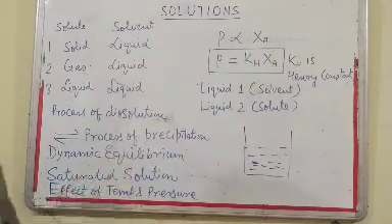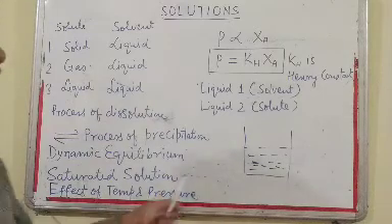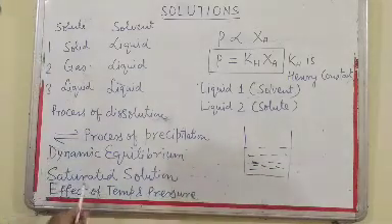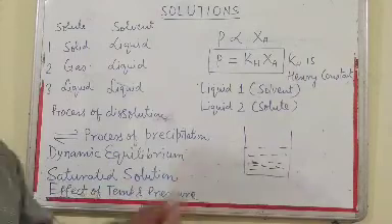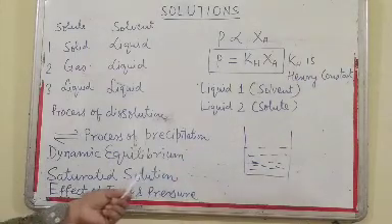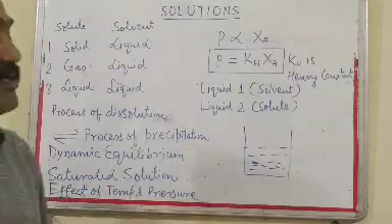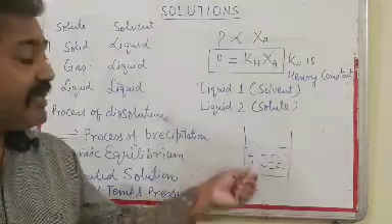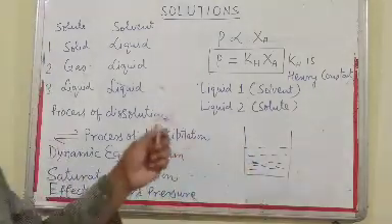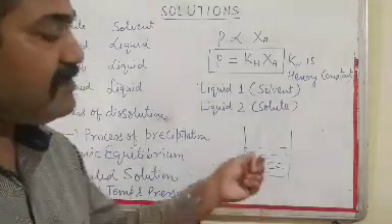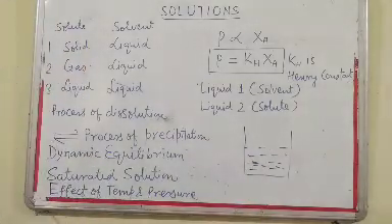Okay, whatever quantity is dissolved in this saturated solution is called the solubility of that solute at that temperature and in that certain amount of the solvent.